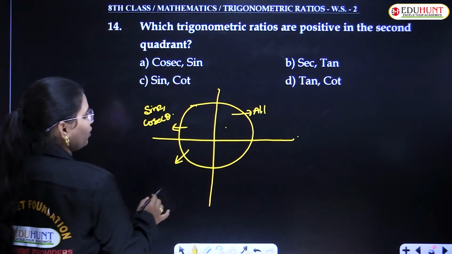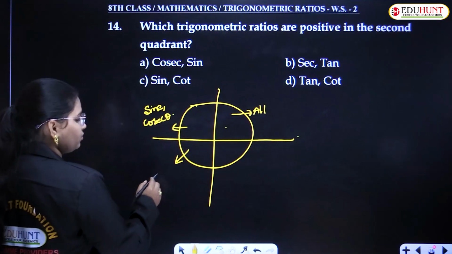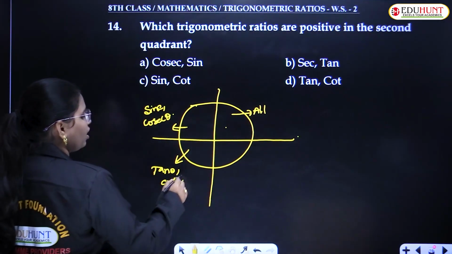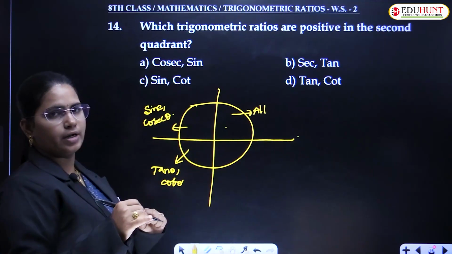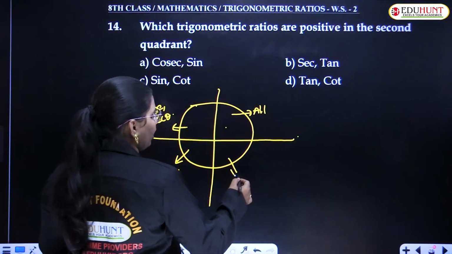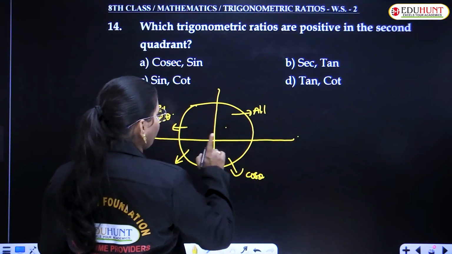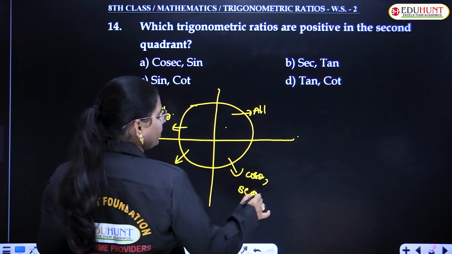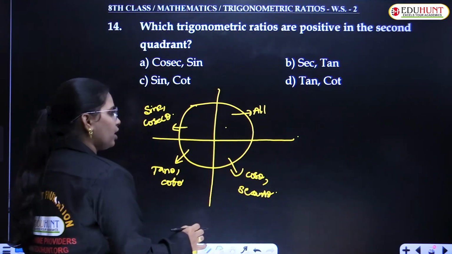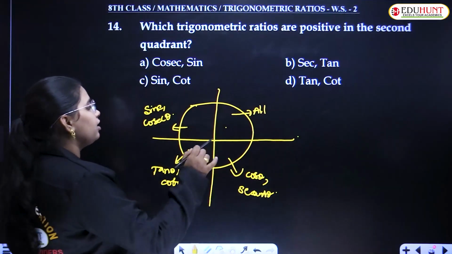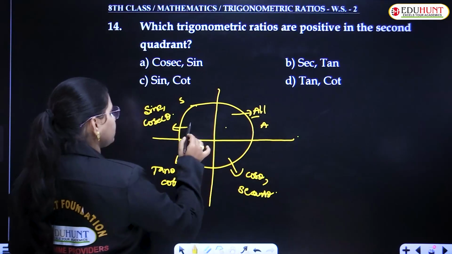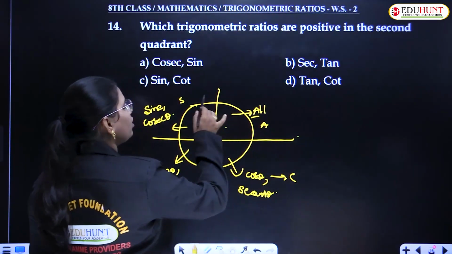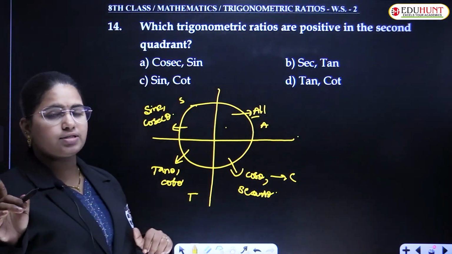In the third quadrant, tan theta and its reciprocal cot theta are positive. In the fourth quadrant, cos theta and its reciprocal secant theta are positive. The shortcut: A, S, T, C, all silver tea cups. I told you this technique.